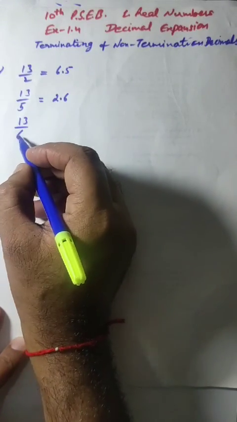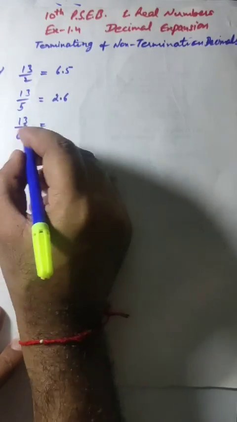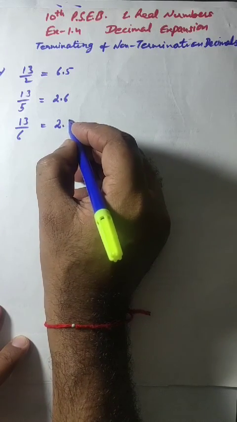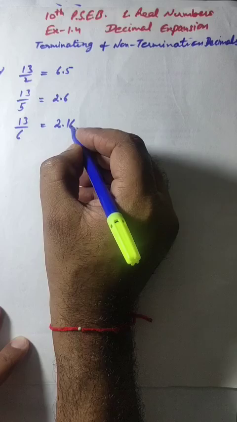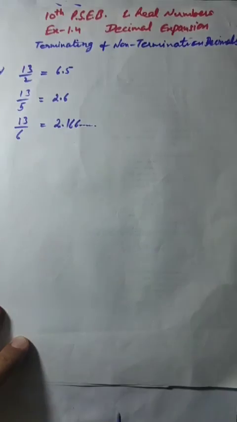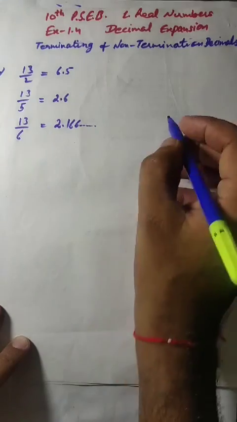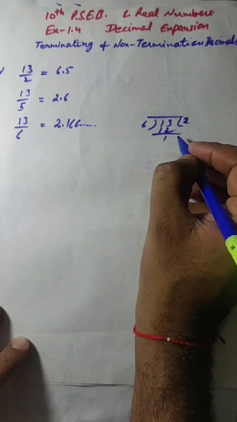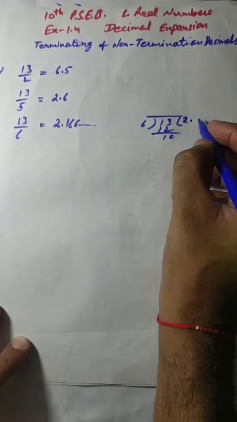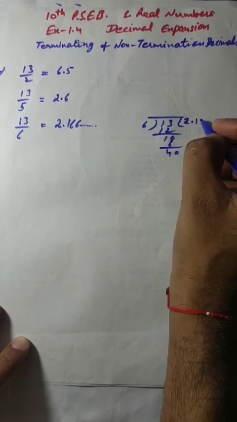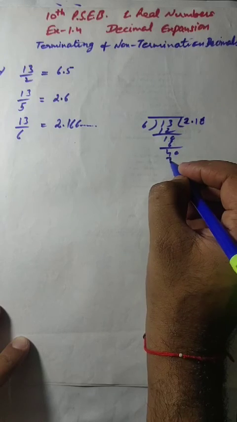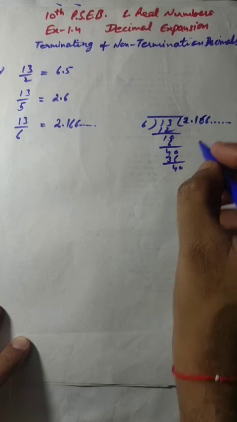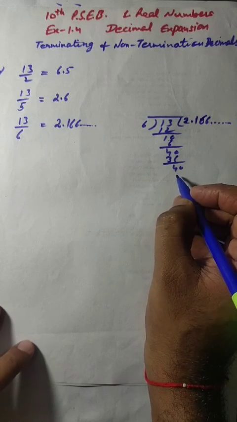Now let us check 13 by 6. Divide this. And we'll get the repetition of 6 if we divide 13 by 6. 2 point 1, 6, 6, 6, again and again, because we are leaving 4 as remainder here in each term.